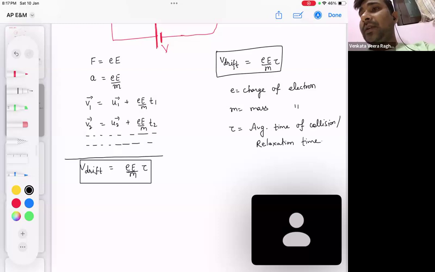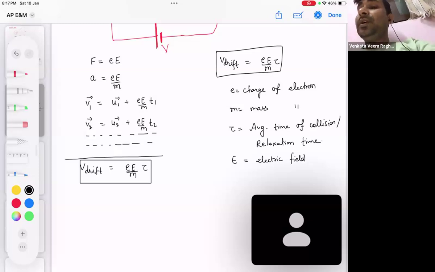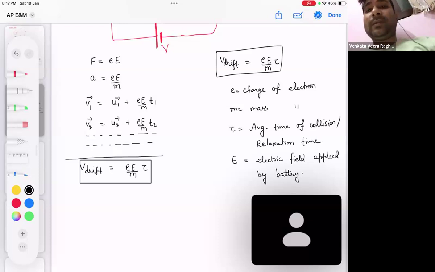Understood? And what is E? Capital E is the electric field applied. Who applied that field? It is applied with the help of the battery. Understood? So this is called the drift velocity.